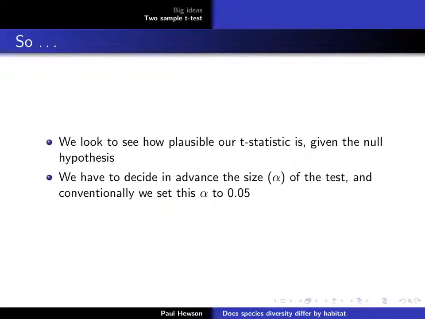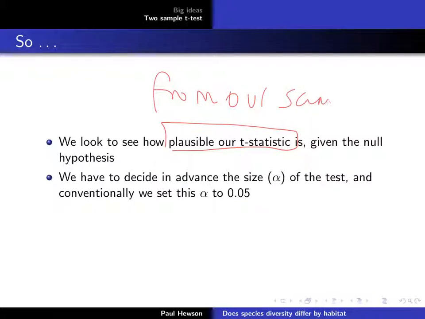What we're going to do is to see how plausible our t-statistic from our sample is in the light of this null hypothesis. And the most important thing to note is that we have to set the size of the test before we do anything else, and conventionally we set this to 0.05.